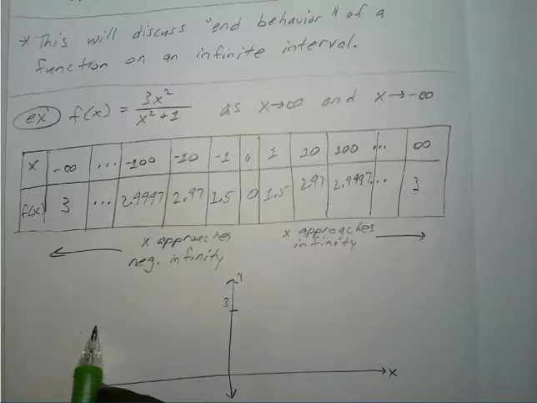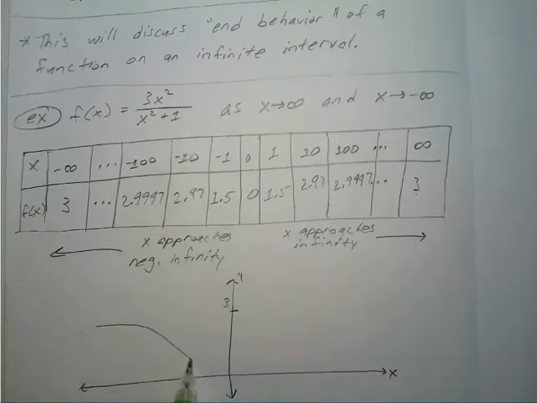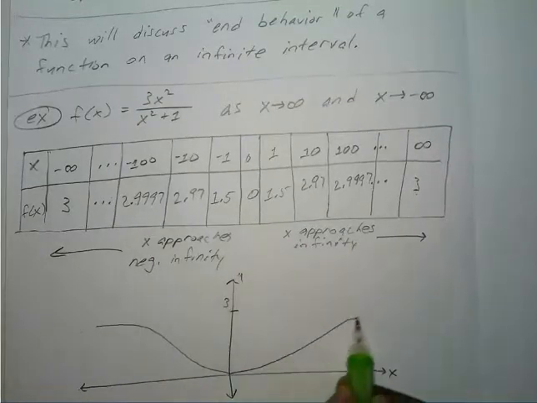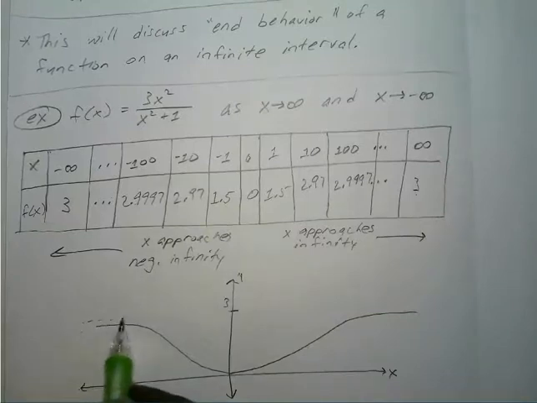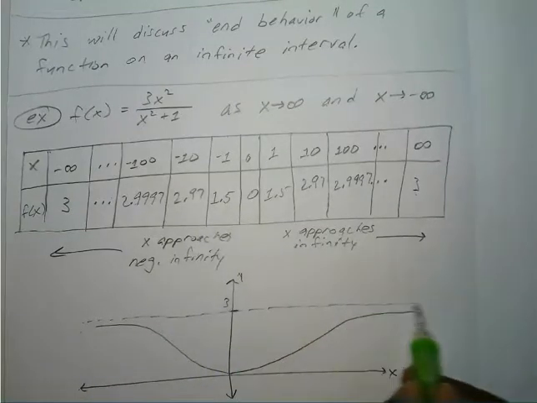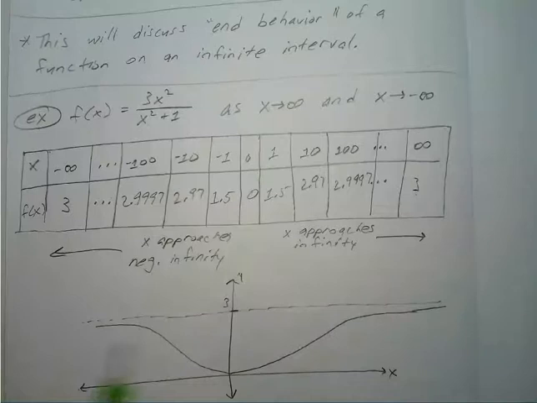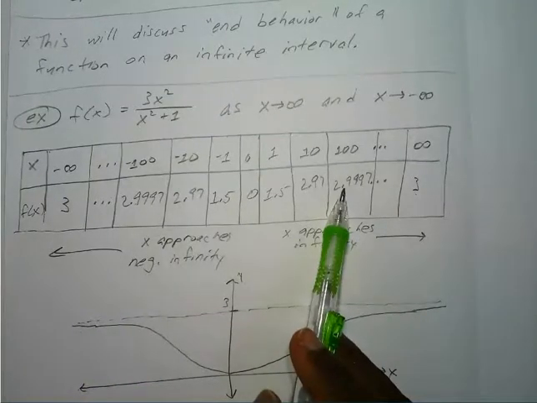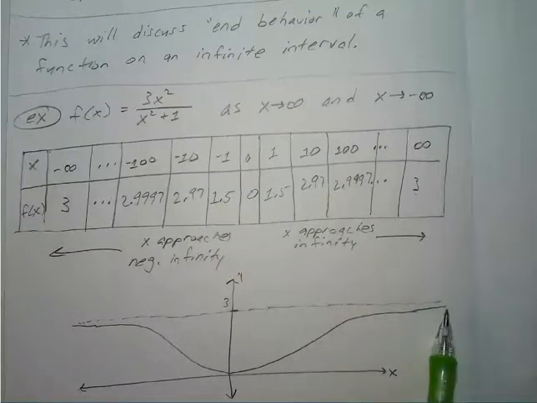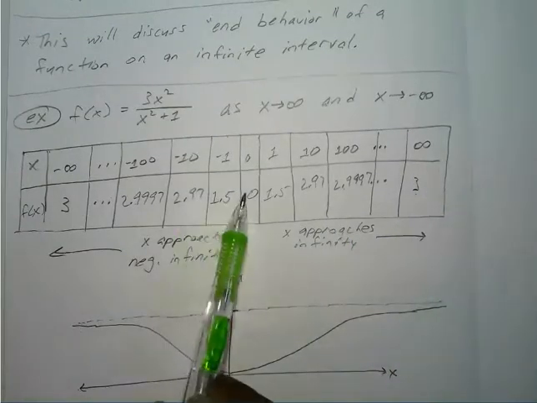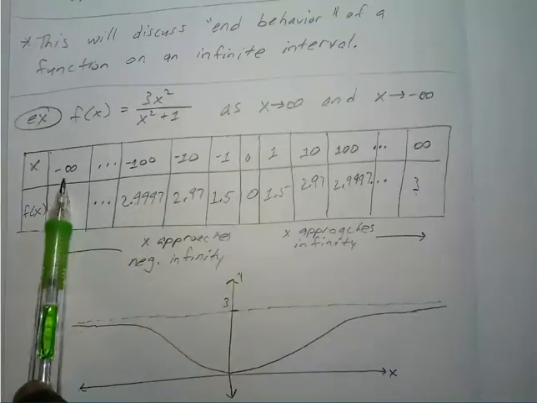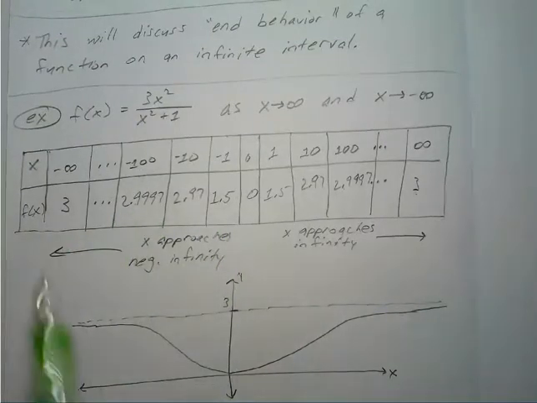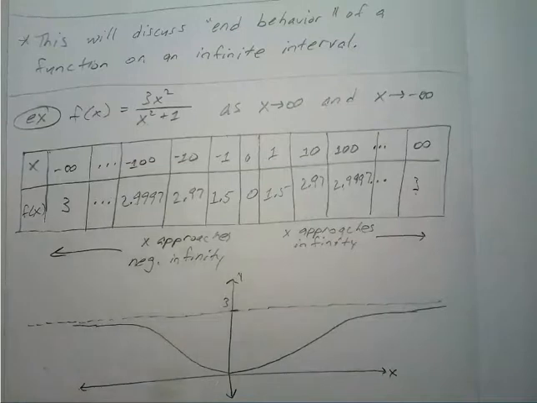This graph will look something like this, where it will get really close to 3, but it'll never touch it. Same way here, it gets really close to 3 as x gets bigger, but it'll never actually hit 3. It's just a limit of 3. And as you get smaller and smaller, this number will get closer and closer to 3 without actually crossing it.